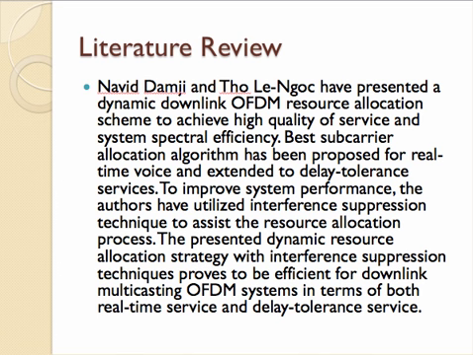The authors have utilized interference suppression techniques to assist the resource allocation process. The presented dynamic resource allocation strategy with interference suppression techniques proves to be efficient for downlink multicasting OFDM system in terms of both real-time service and delay tolerance service.